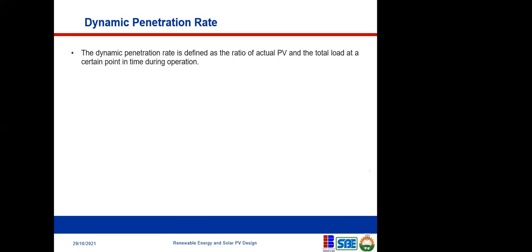This is different from static penetration, which is talking about the installed capacity. Installed capacity does not mean that they are generating that capacity that they are rated at. Dynamic penetration doesn't care about the capacity that is installed. It's talking about the actual generation, compared to the entire load that the system is delivering. So that's the difference between static and dynamic penetration rates.